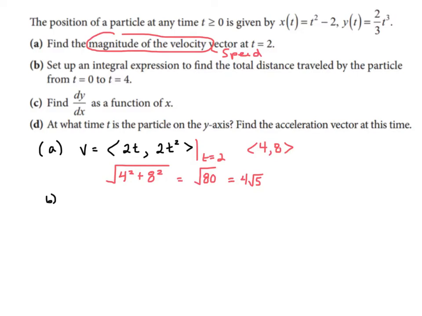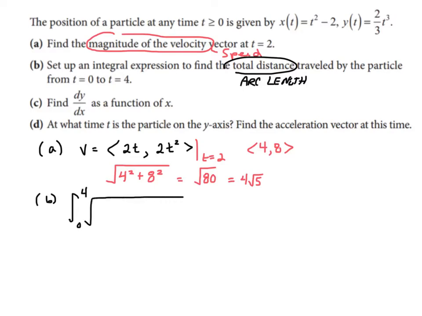Next, it says set up an integral expression to find the total distance. Well, remember, distance is, for us, an arc length. This is saying the length of the curve. So this is an integral from 0 to 4.